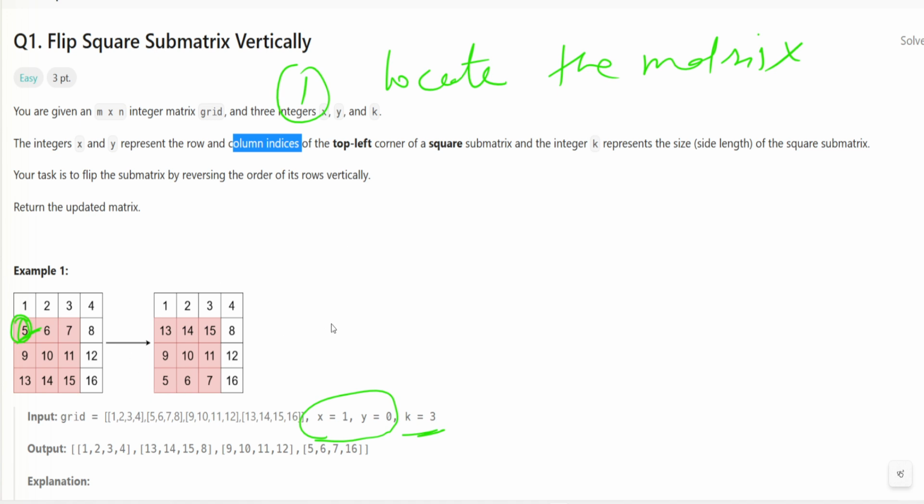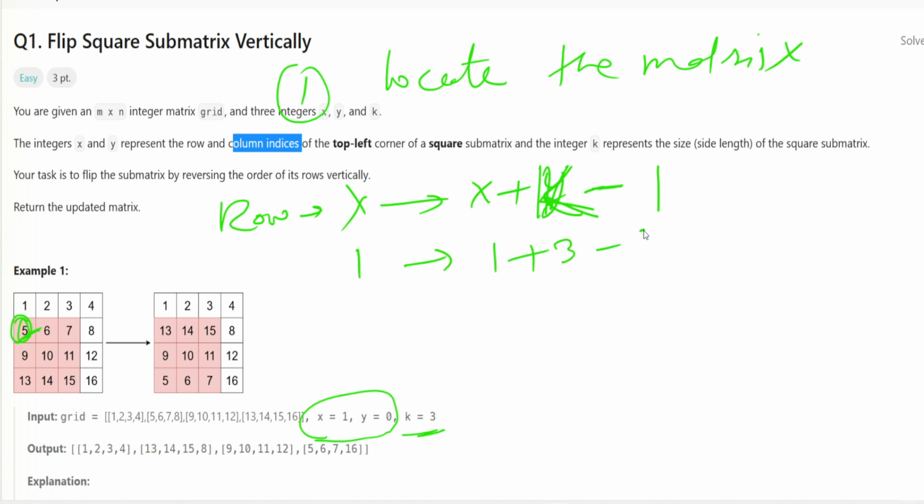The submatrix is covered as follows: x is the row, and x goes from x to x plus k minus 1. If we have been given 1, it goes from 1 to 1 plus 3 minus 1, which equals 2, so from 1 to 2.